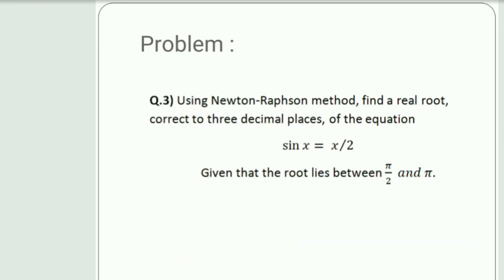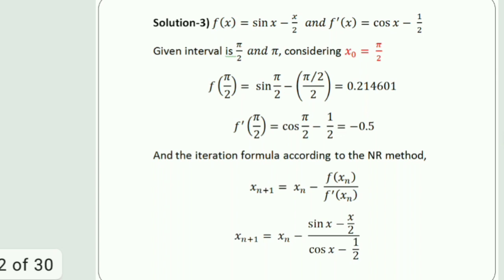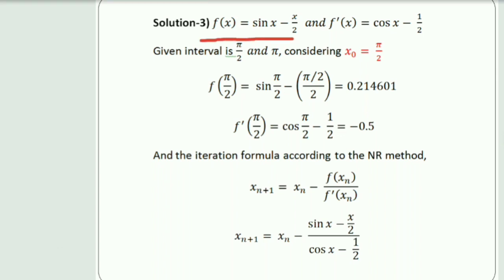In the solution, I have the value of f(x) as we have seen, and I have the equation of the Newton-Raphson method. This is the formula which we derived in the graphical representation. For the complete derivation you can watch the video on the graphical representation of the Newton-Raphson method.